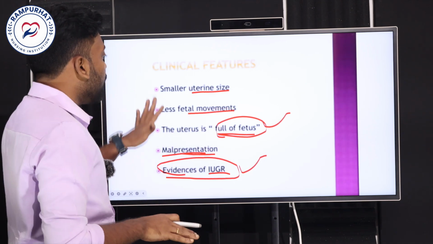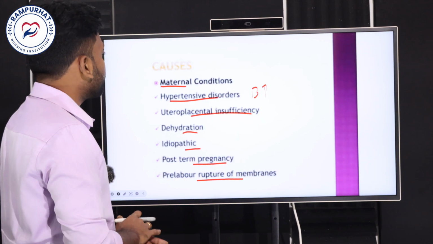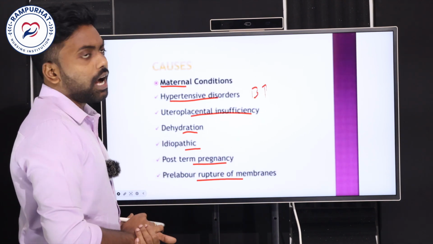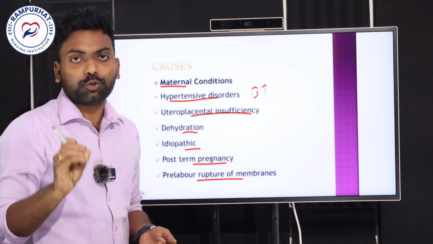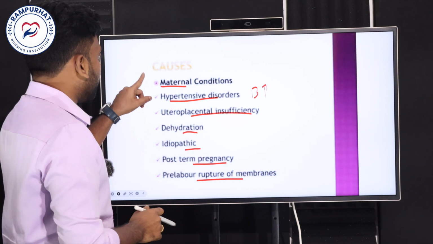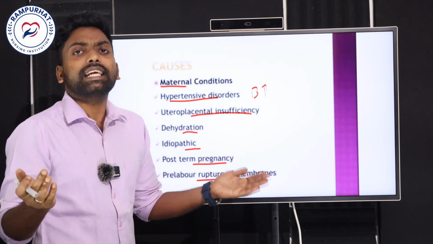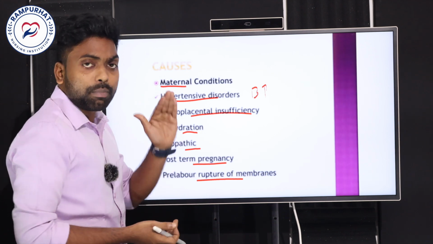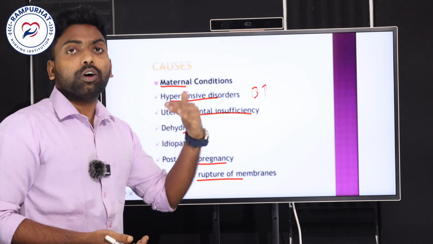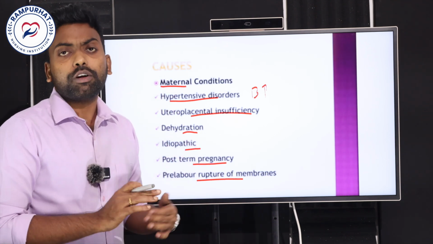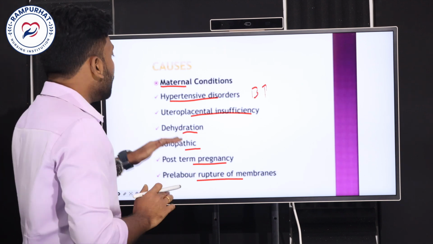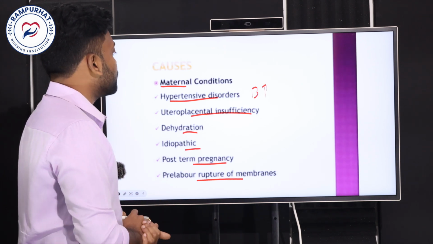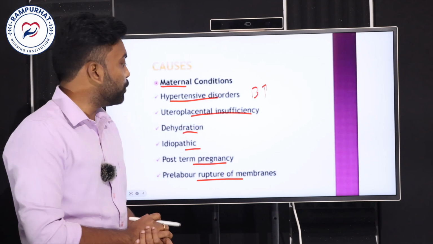Those are some of the symptoms. Now, what are the causes, the etiological factors of oligohydramnios? The first one is maternal conditions, and next is blood pressure. If the mother has more than normal blood pressure, like 150 or 160 by something, in that case the mother secretes less amniotic fluid.